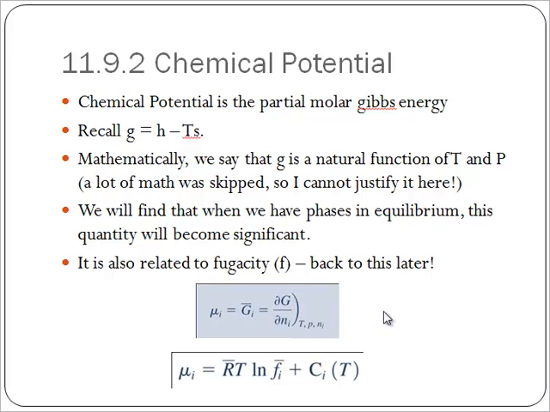Now, a lot of times we relate it instead to something called fugacity. Fugacity is an f, and fugacity and chemical potential are related to each other. And that's really about as much as I want to say about those at this point in time. But these are some words that we will come back to as we talk about phases and equilibrium.